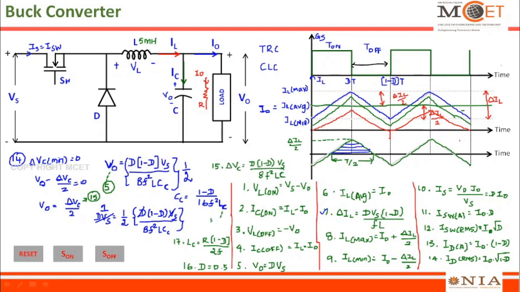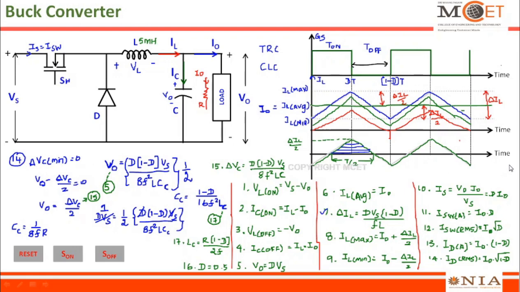So this Lc can be replaced with expression 17 and I can get another expression for critical capacitance as 1 by 8F square R. So if R alone is given, then I can calculate the critical capacitance, or if the duty cycle alone is given, I can calculate the critical capacitance if the critical inductance is known.